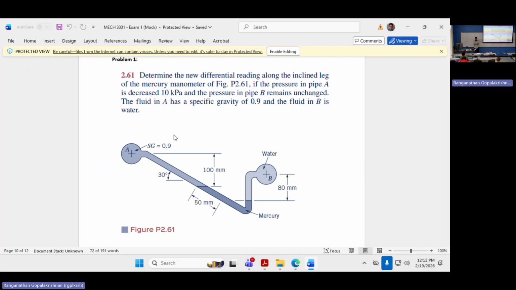You want to calculate the height changes, how much height of each fluid is involved. You don't care about the volume of the fluid. It's about height. Pressure is only about height and density, not about volume or area.